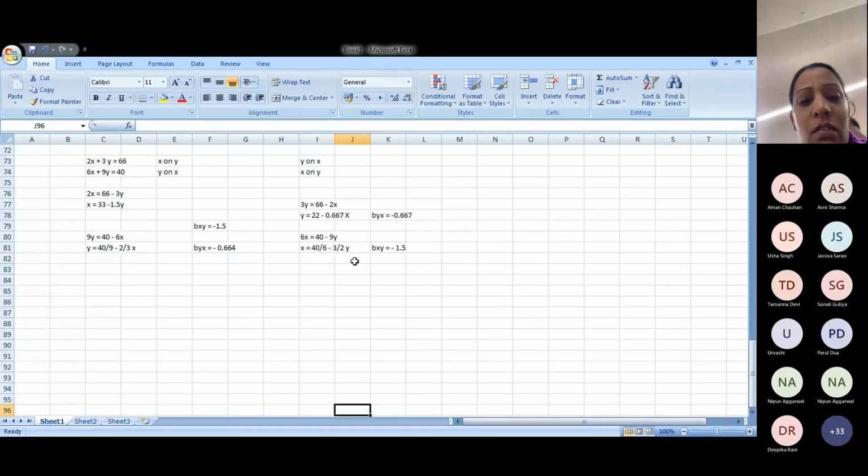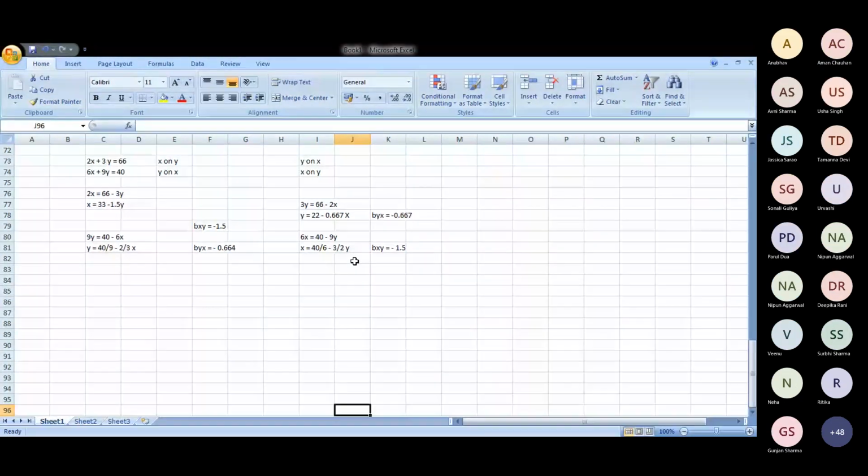I want to see the effect of my teaching on your performance. So your performance is the dependent variable and my teaching is the independent variable.